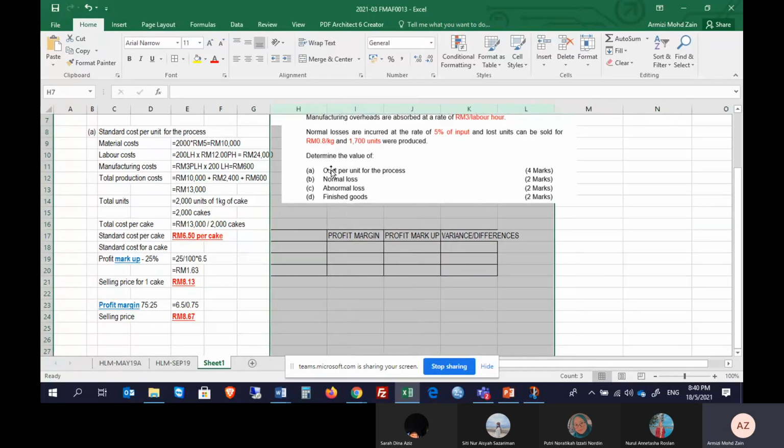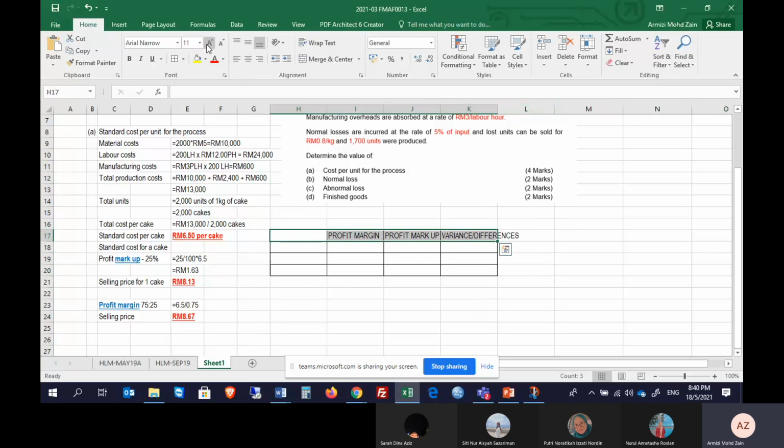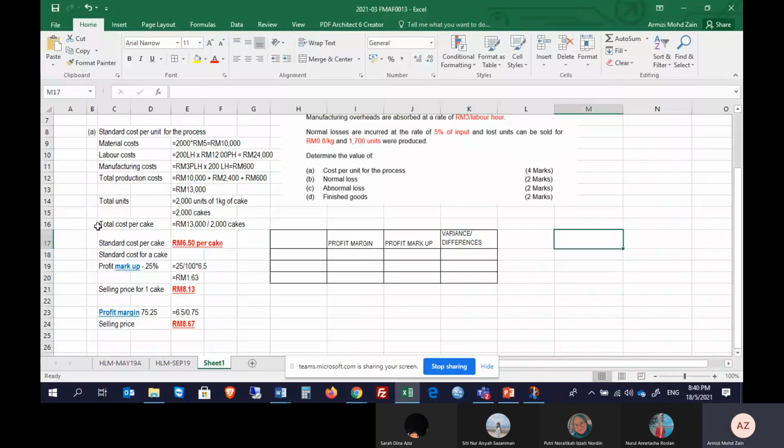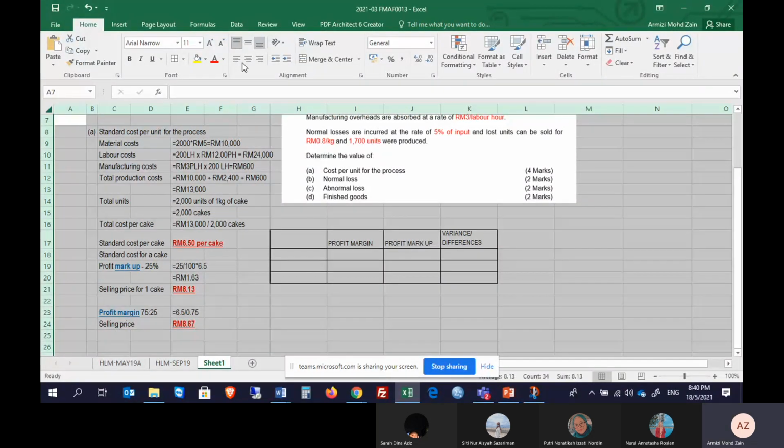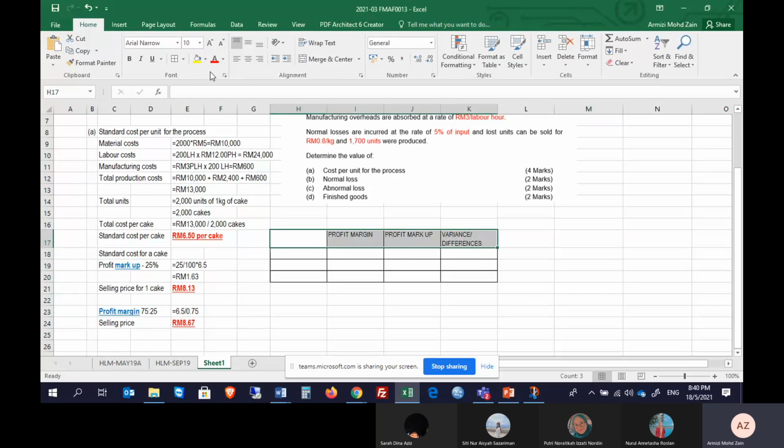Kalau dia nak cuba kat rumah pun no problem at all. Okay, ni variance or differences. Ini profit margin. Ini profit markup.